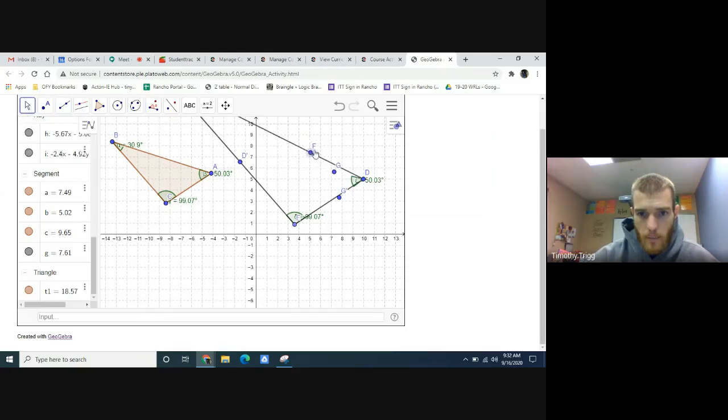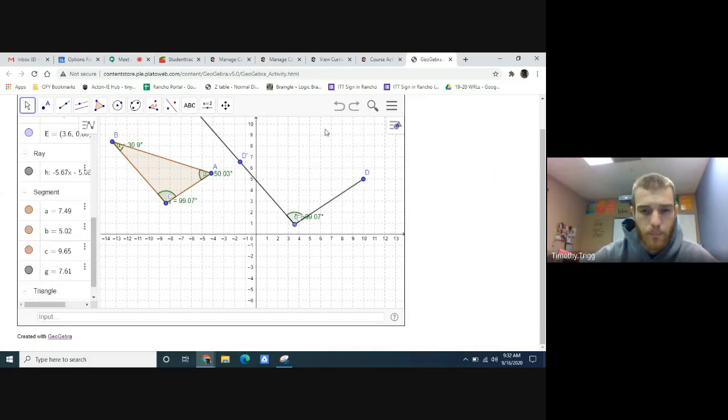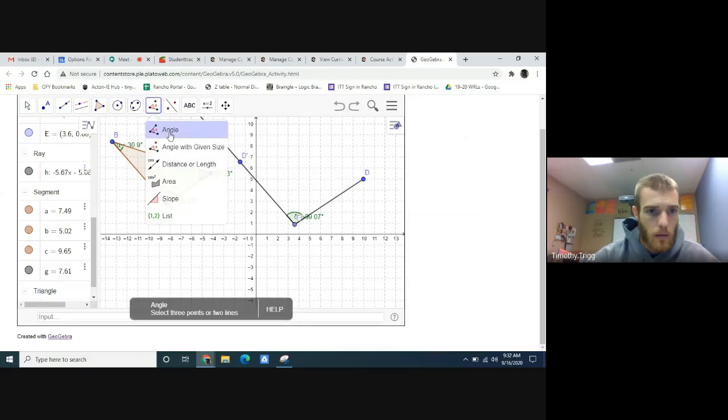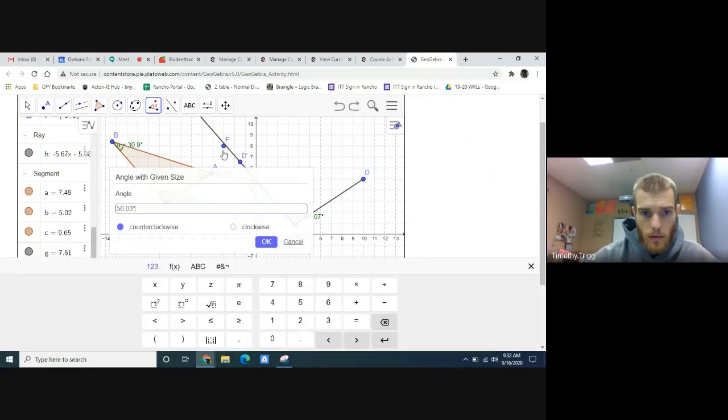Can I move this? No, I don't think that's what I want. Angle with given size. Here to here.